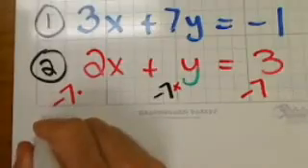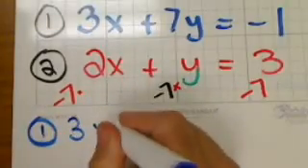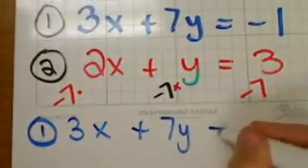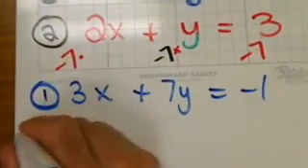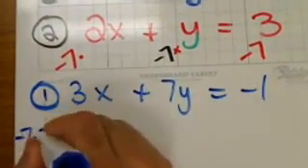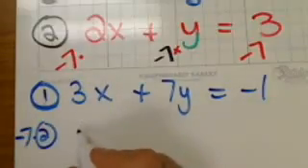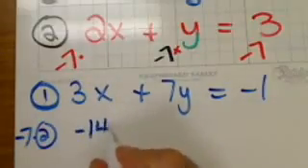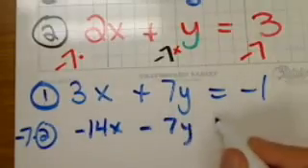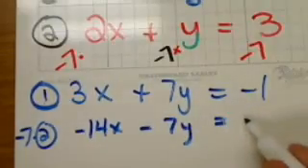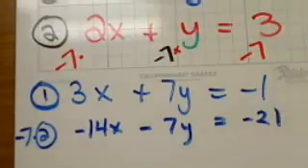I'm going to rewrite my equation 1 here so I don't make any errors. And I'm going to go ahead and write negative 7 times equation 2, which will be negative 14x, negative 7y, and then negative 21.